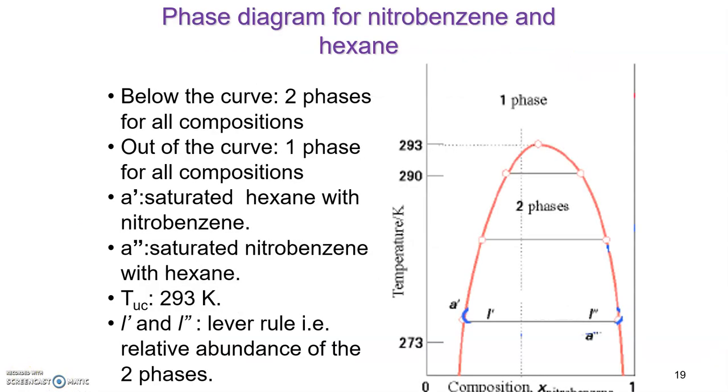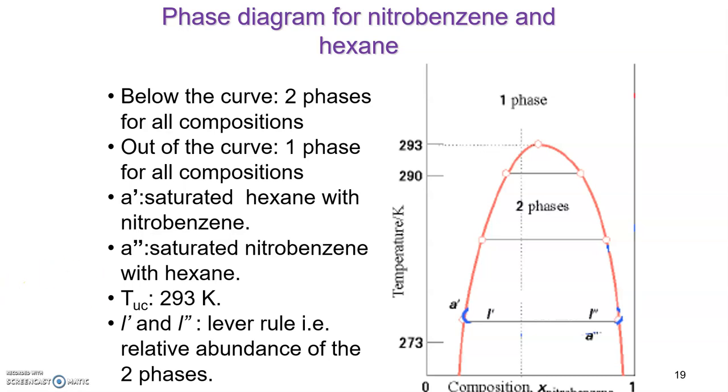As I stated earlier, the solubility of the two components varies with the temperature. The composition and proportion of the two phases change as the temperature is changed. So we can use a temperature composition diagram to display the composition of the system at each temperature.